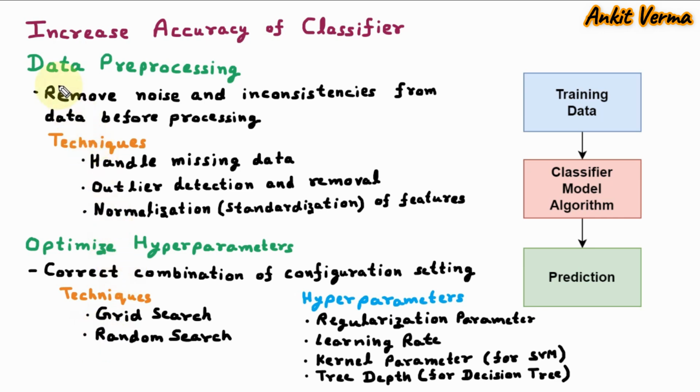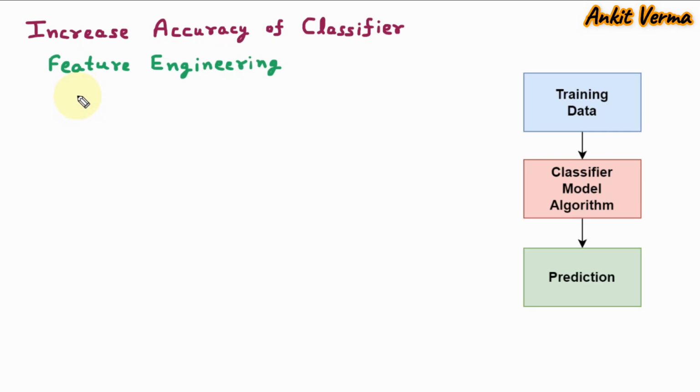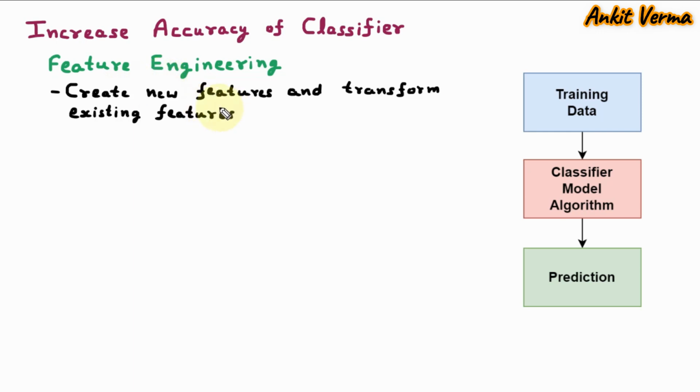Now we are learning the next technique to increase the accuracy of classifier, which is feature engineering. Feature engineering creates new features and transforms existing features. Here, by adding the feature or by updating the existing feature, the model or classifier ability is improved.